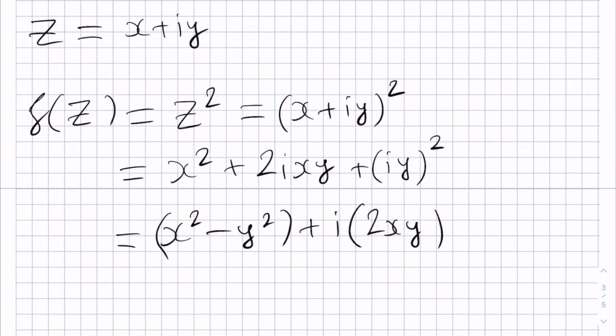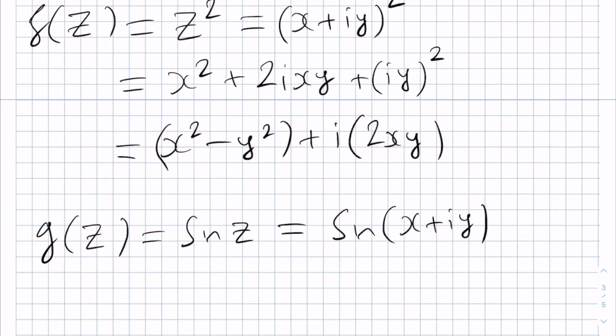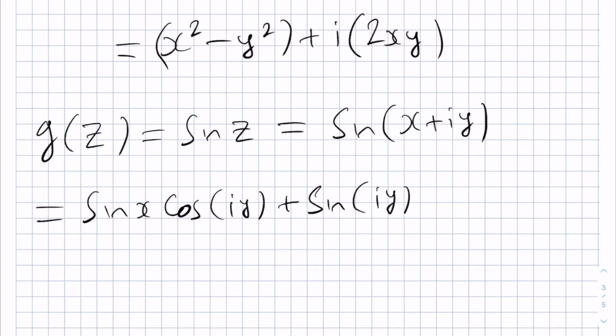Then we can do the same thing for g of z equals sine of z, trying to find a real part and an imaginary part. Again, we write z equals x plus iy, so we get sine of x plus iy, and then we use the trigonometric addition formulae to split this up as sine x cos iy plus sine iy, and then a cos x.